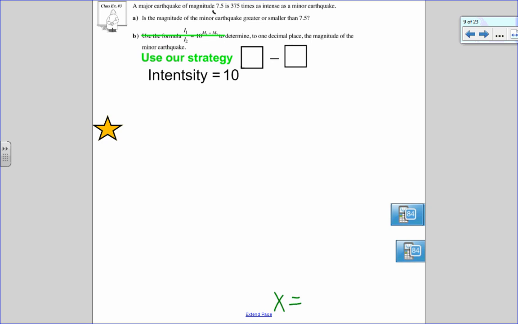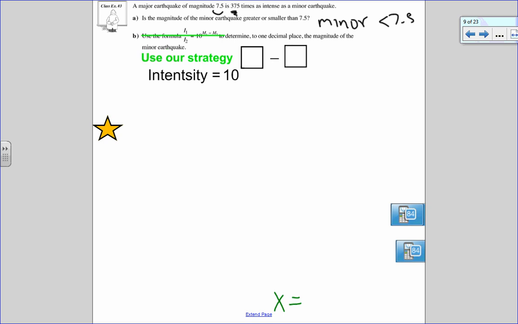If I measure 7.5 and I'm 375 times more intense than the other one, that means that the minor earthquake has to be less than 7.5. If it was bigger then it wouldn't be 375 times as intense. It would be like 0.4 times as intense. It'd be a number less than 1.